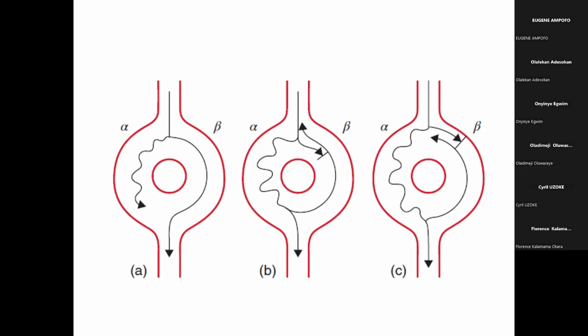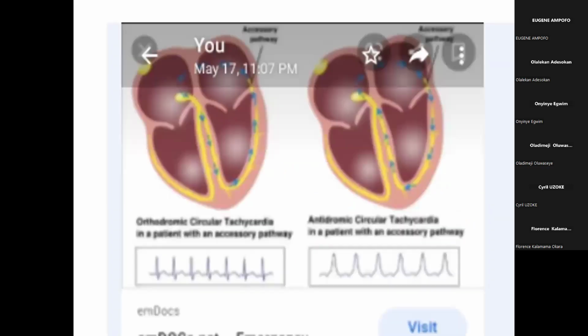Anytime you see a long RP interval, think of atypical AVNRT. Okay? But what gives it away is the EP study. Thank you, sir. God bless you.